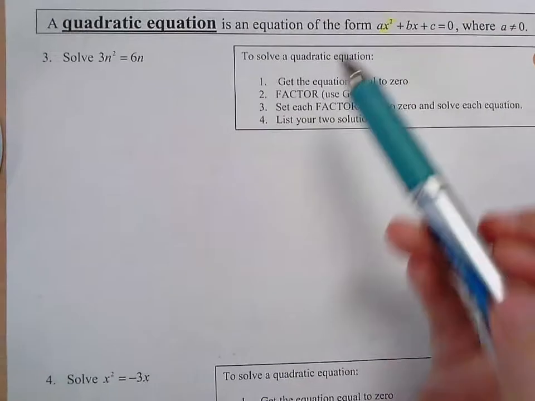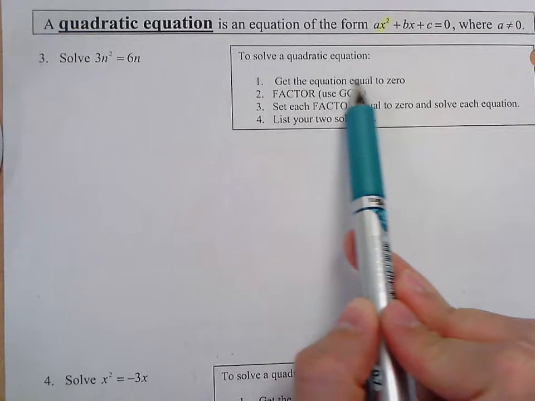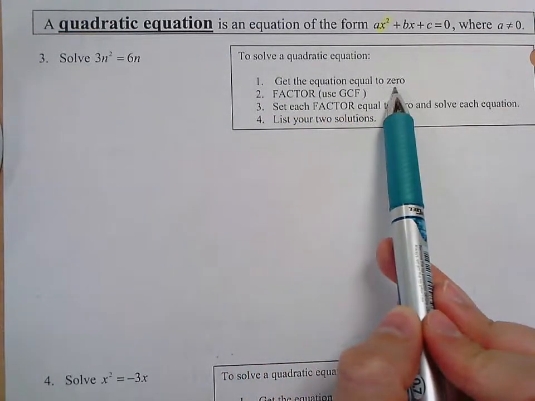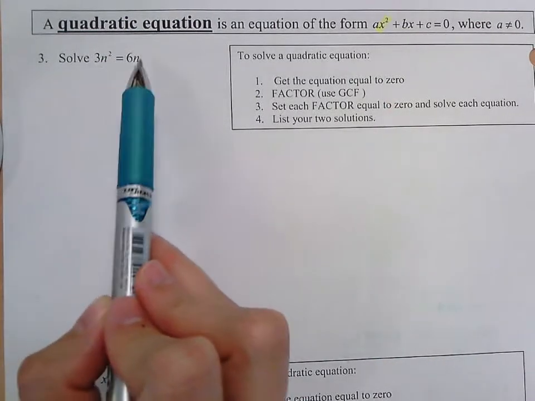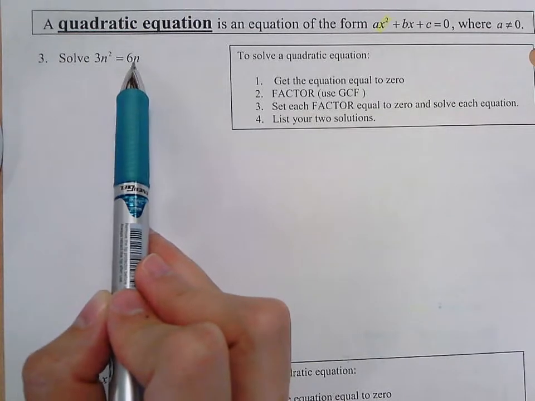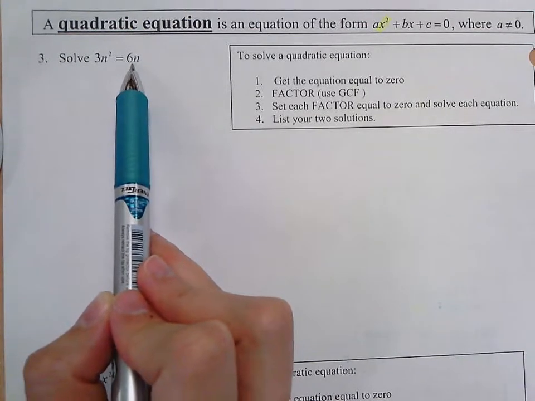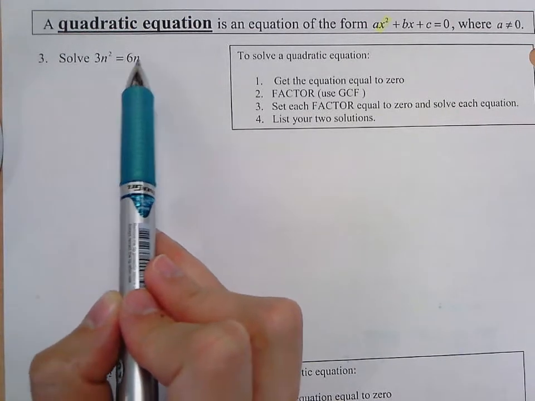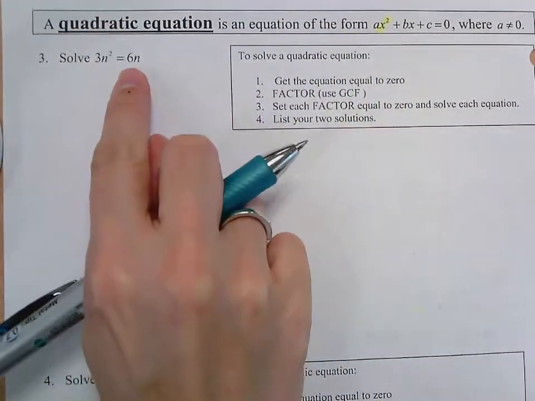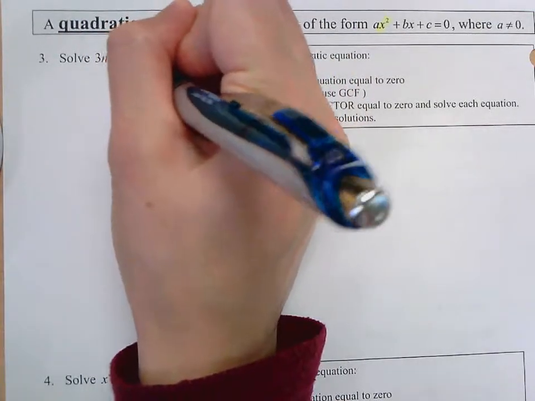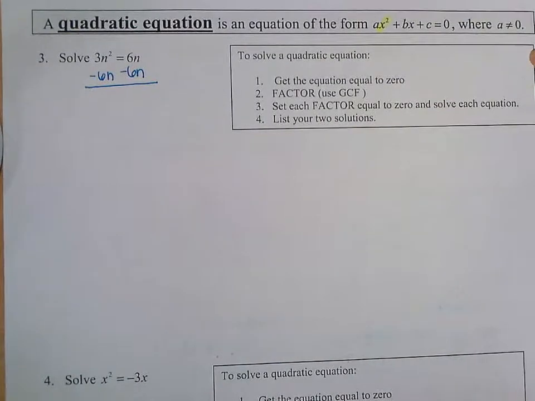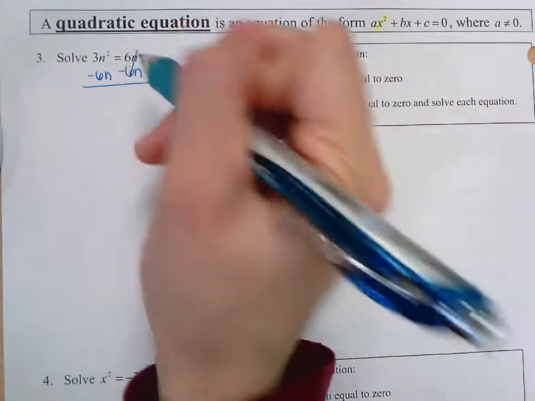So to solve these, here is step 1. If this is not already done for you, get the equation equal to 0. So if I look at this equation in number 3, 3n squared equals 6n, I do not have 0 on one side. That's my first step. So to get this side to be 0, since this is positive 6n, I have to subtract 6n to move it to the other side. Okay, so this cancels out.